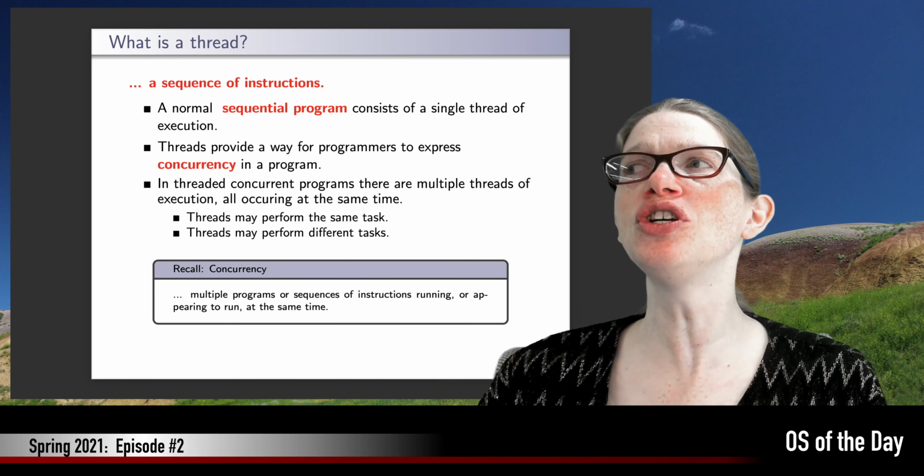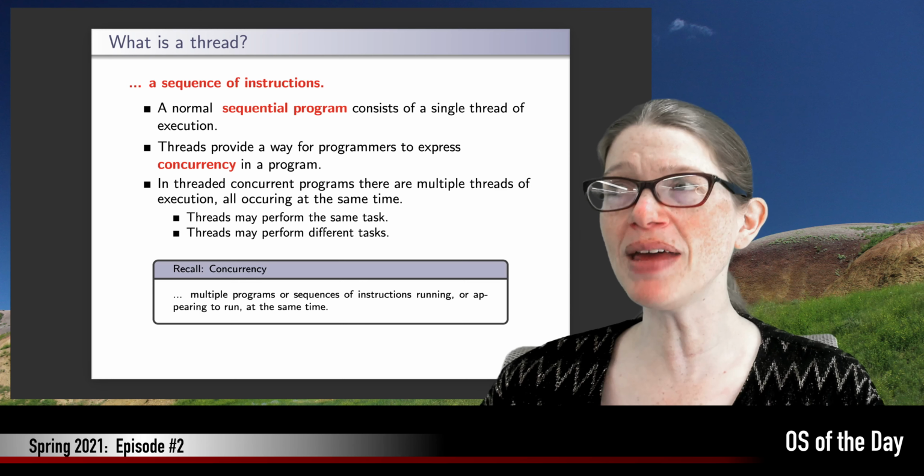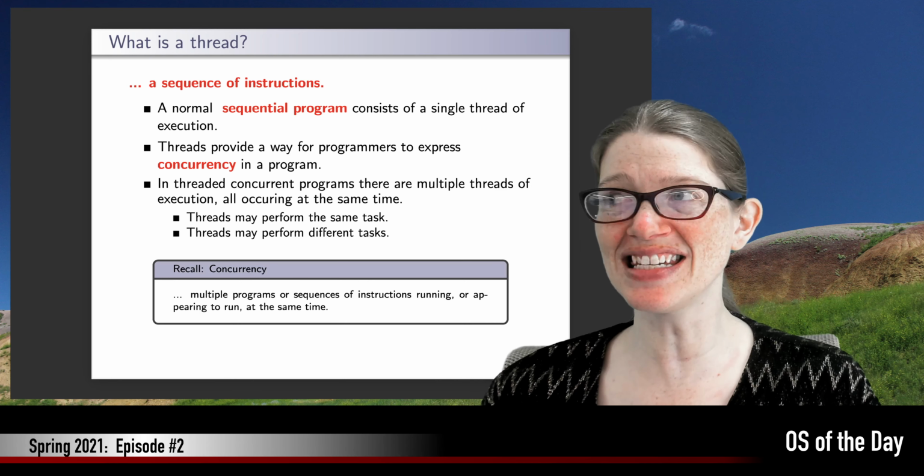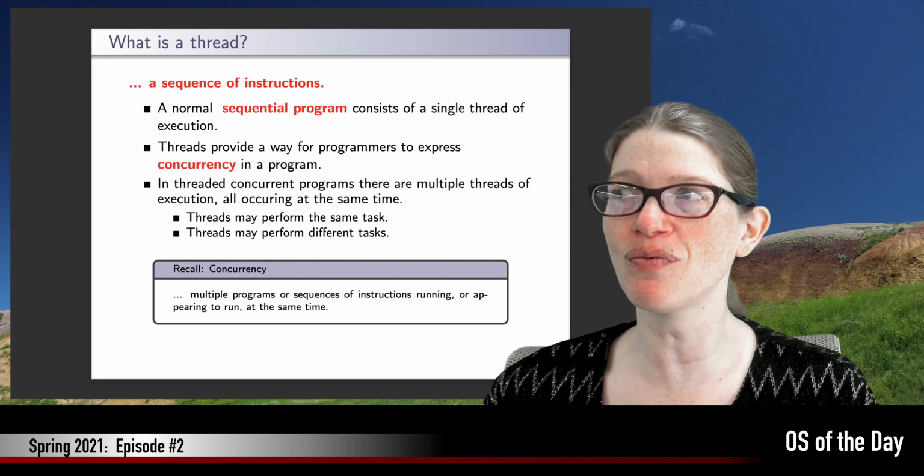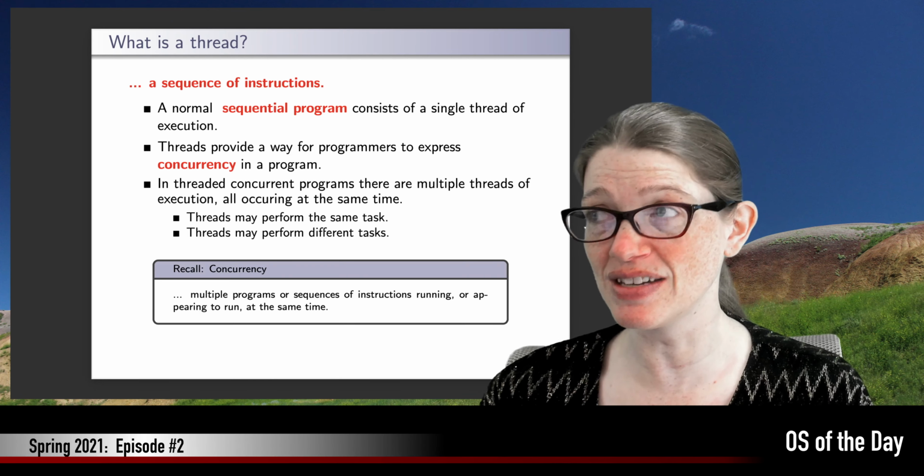Some of the reasons are improving your CPU utilization and improving the performance of the program. Another really interesting reason is simply that there are different tasks that we might need to do, and there's no reason for them to all be happening in the same sequence of instructions.